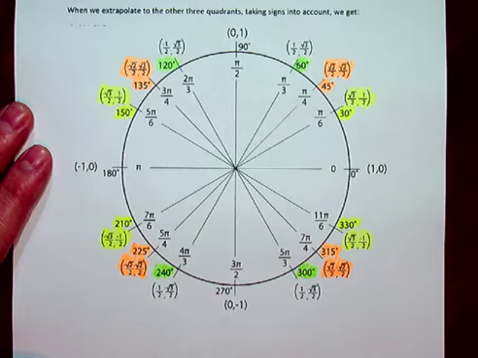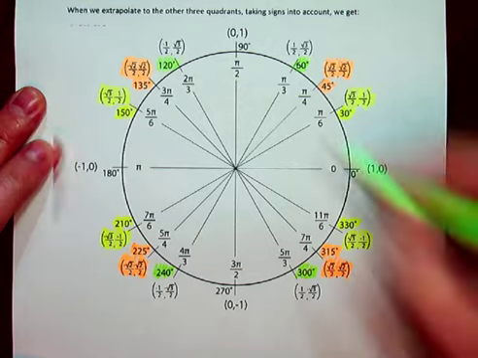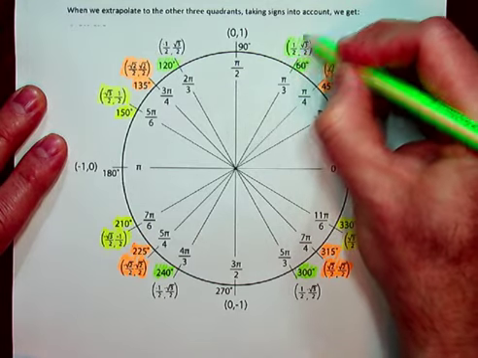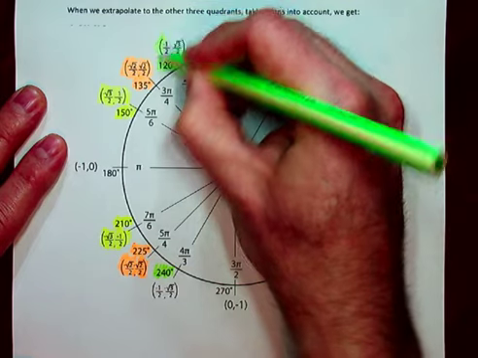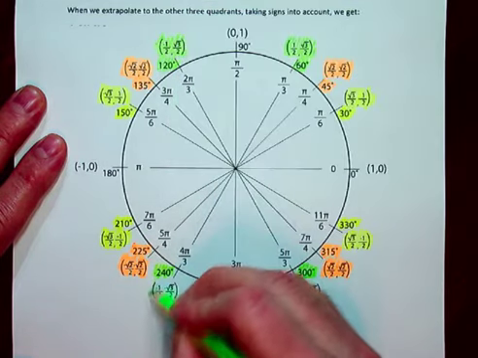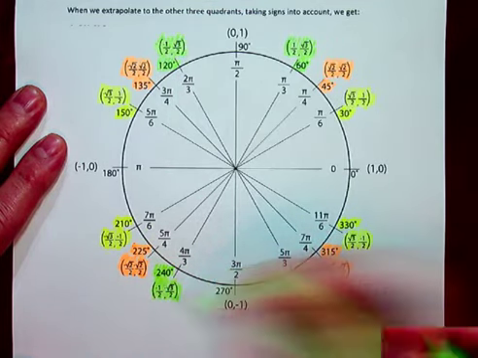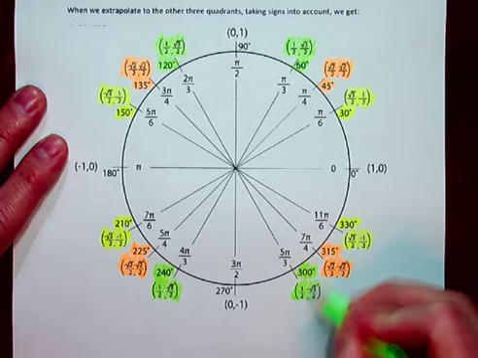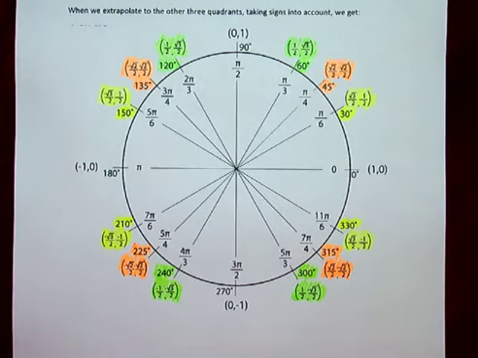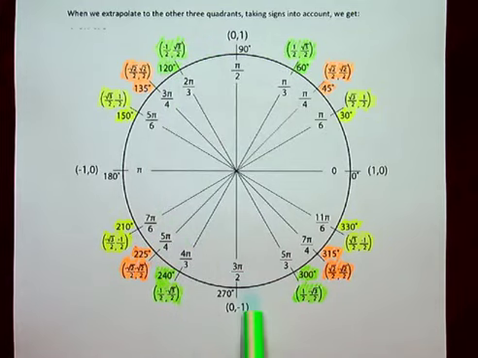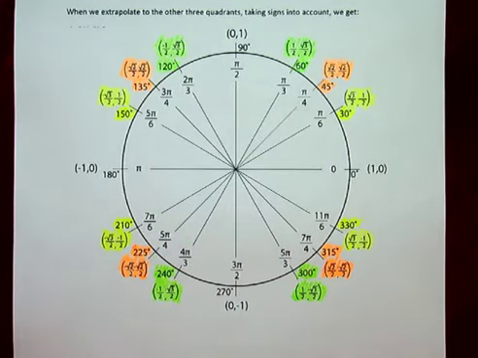All four of those have the same distance from the x-axis, and they all have the same distance from the y-axis, which is why if we ignore positiveness and negativeness, they are the same ordered pair, and we just have to adjust the positiveness and negativeness with respect to the particular quadrant that they are in. Okay?